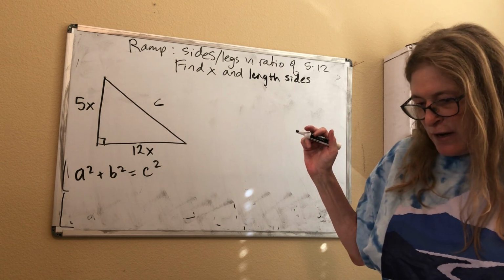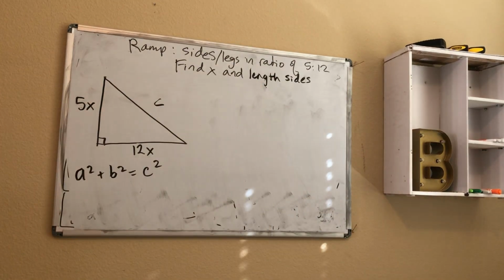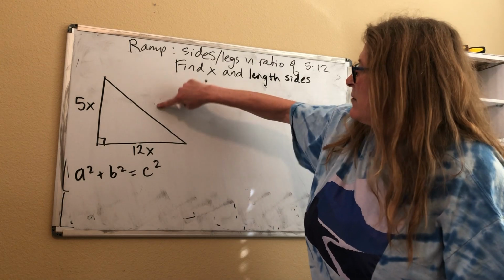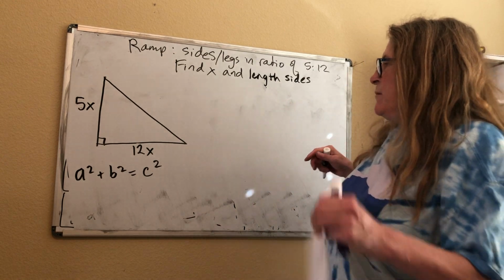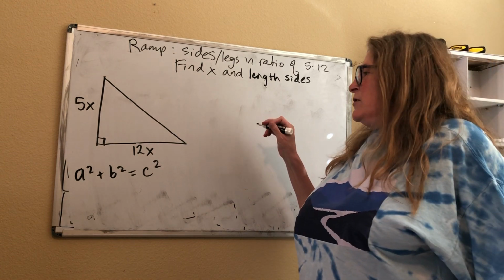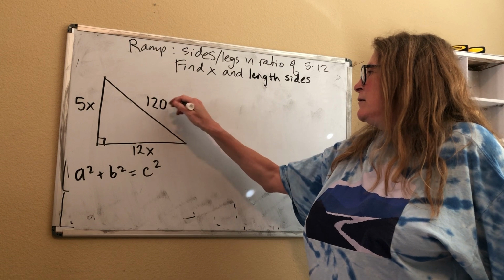Oh, and I can't remember the number on the other side. Oh, hold on, guys. I picked up the wrong set of notes. Okay. I'm just going to say this ramp here is going to be equal to 120 feet.